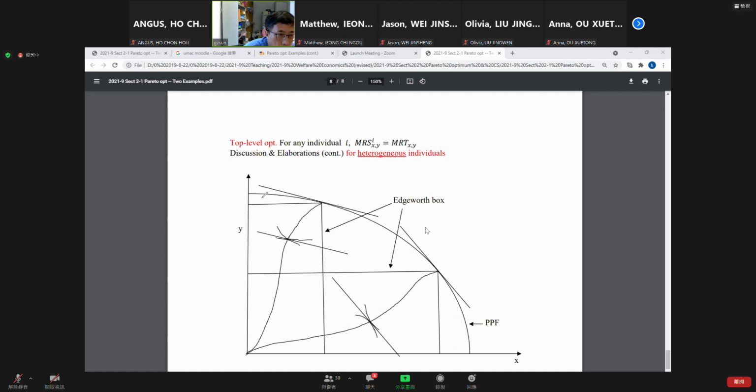In general, the PPF is a curve, not a straight line. In the last example, it became a straight line, just as an example to simplify our discussion. In general, we have such a solution. So that example is a special case of the general situation.